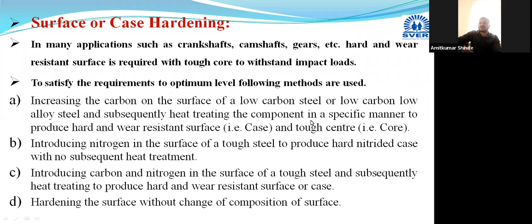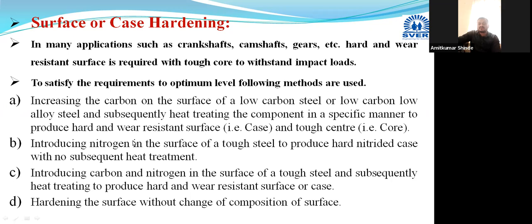It will give you a hard and wear resistant surface and a tough core or tough center. This is the first type of changing the composition.